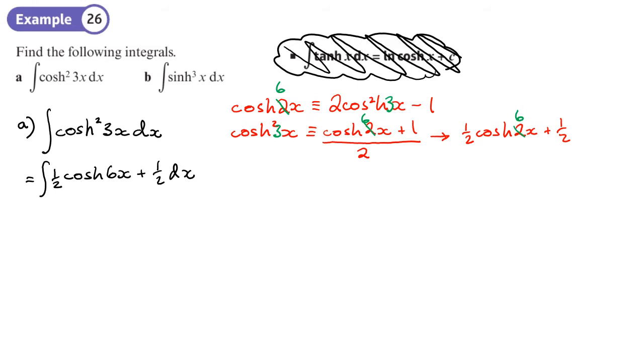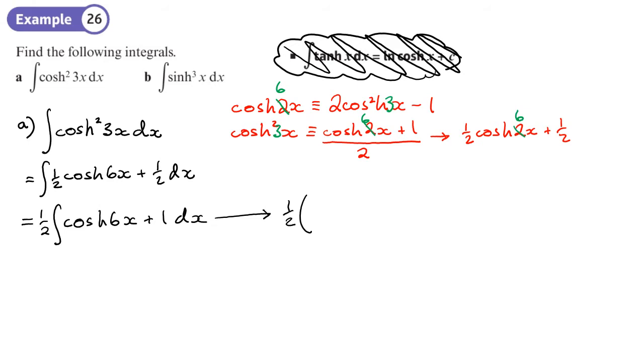To make things even easier, we'll take the half over here as a factor out of both things. So then we have half, integral of cosh 6x plus 1 dx, and now we can integrate the cosh 6x using the reverse chain rule.